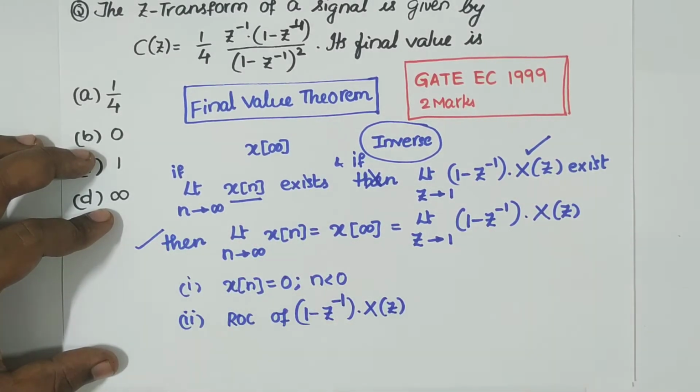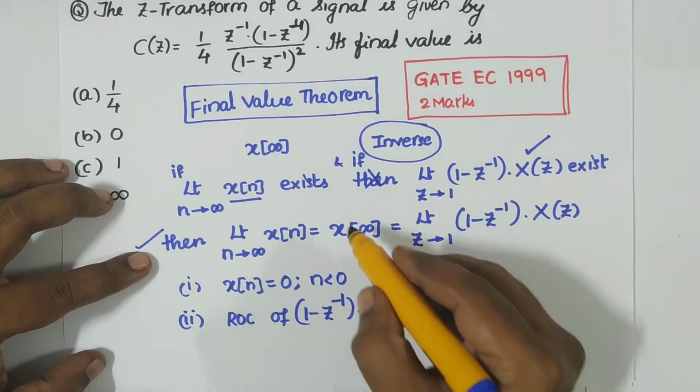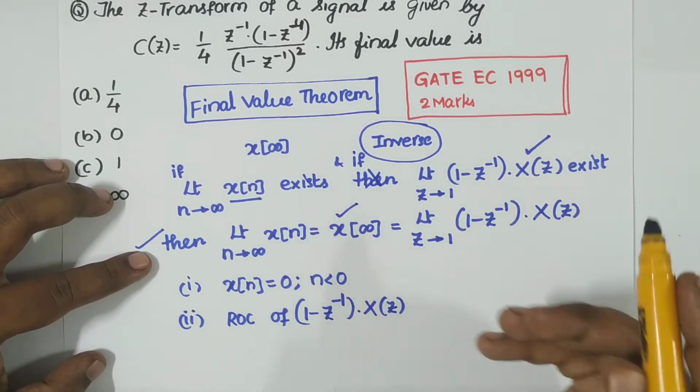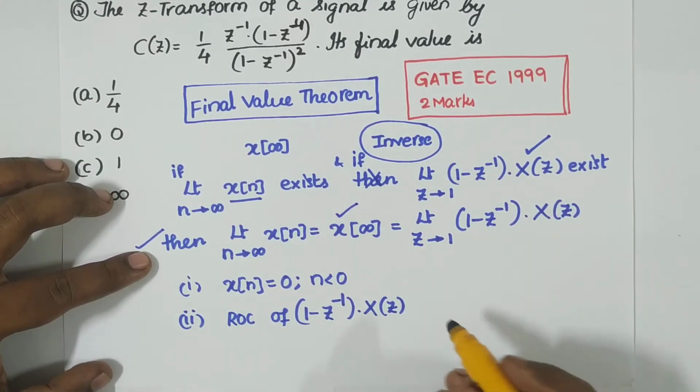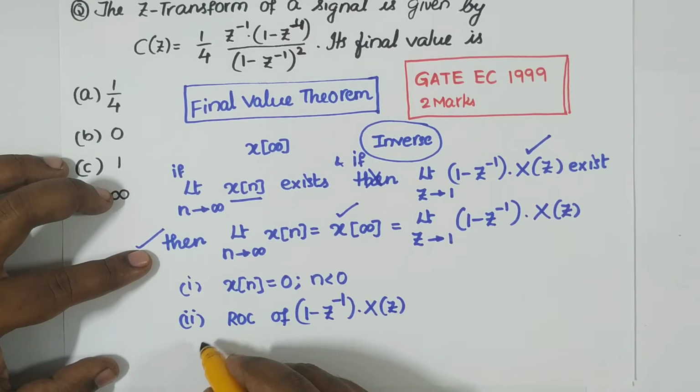Only in this case can the final value theorem be applicable, so that I can find this x of infinity without inverse z transformation. The second is the ROC of 1 minus z power minus 1 multiplied by this unilateral x of z.